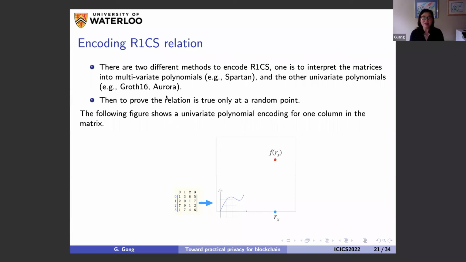However, they will transfer, for example, this matrix, then just one column, to your polynomial. To prove this statement is true, you transfer it to a randomly picked point and compute that this evaluation is true.